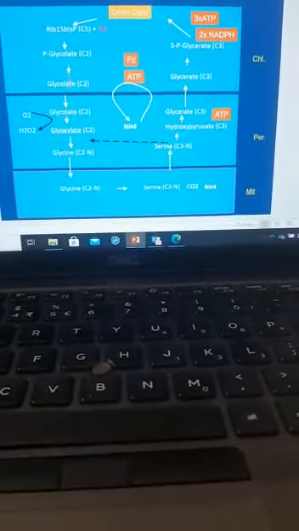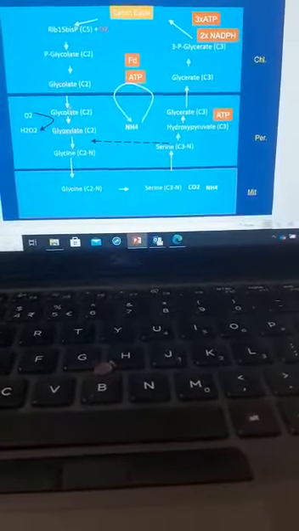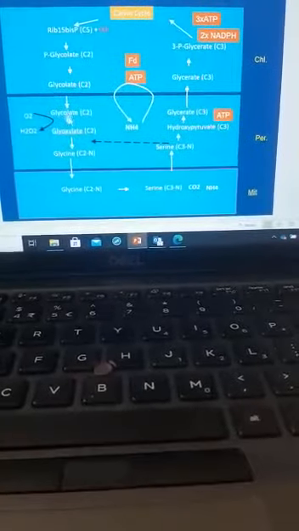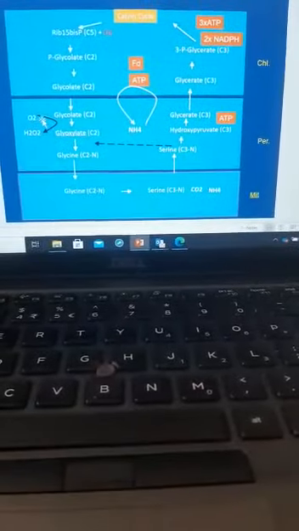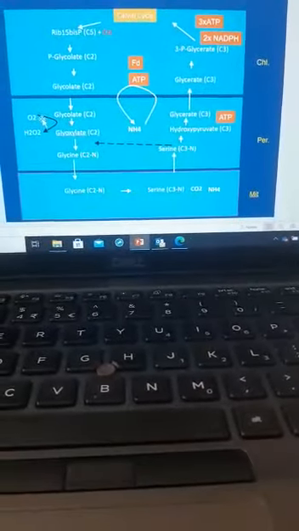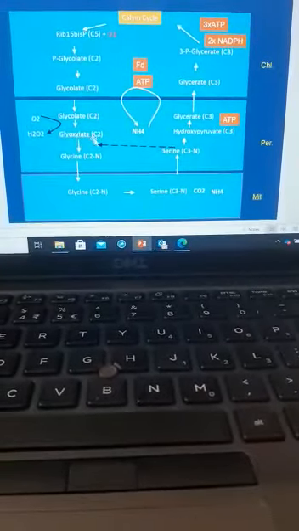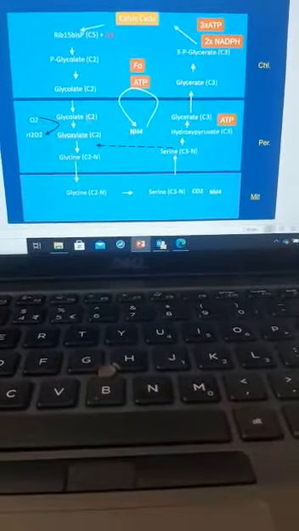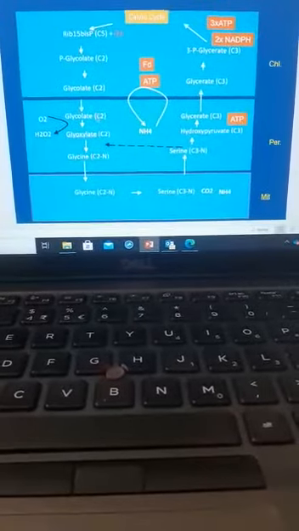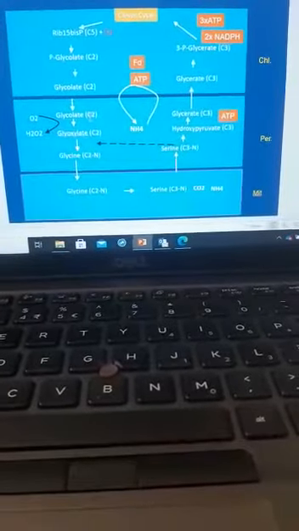Then you get glycolate being delivered to the peroxisome. Inside there, glycolate interacts with oxygen. That interaction yields glyoxylate and hydrogen peroxide as a byproduct. There is an enzyme involved in that step. Get the name of that enzyme.